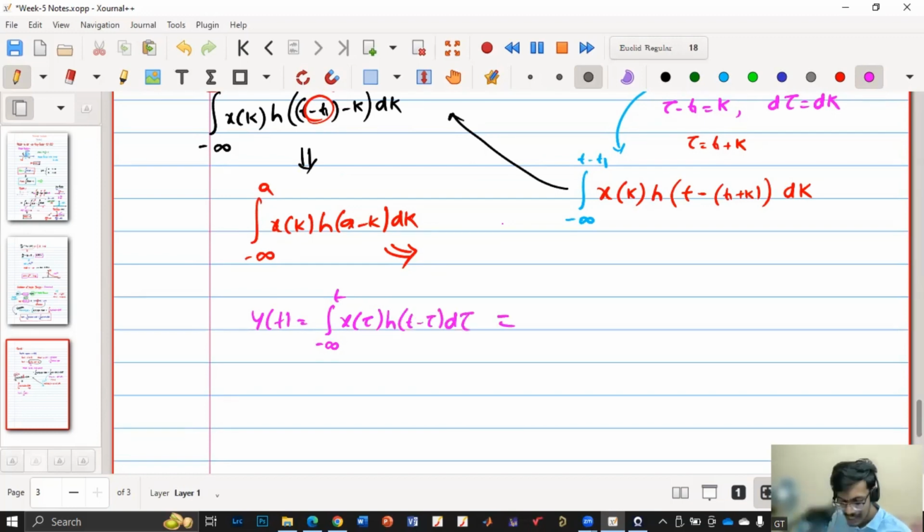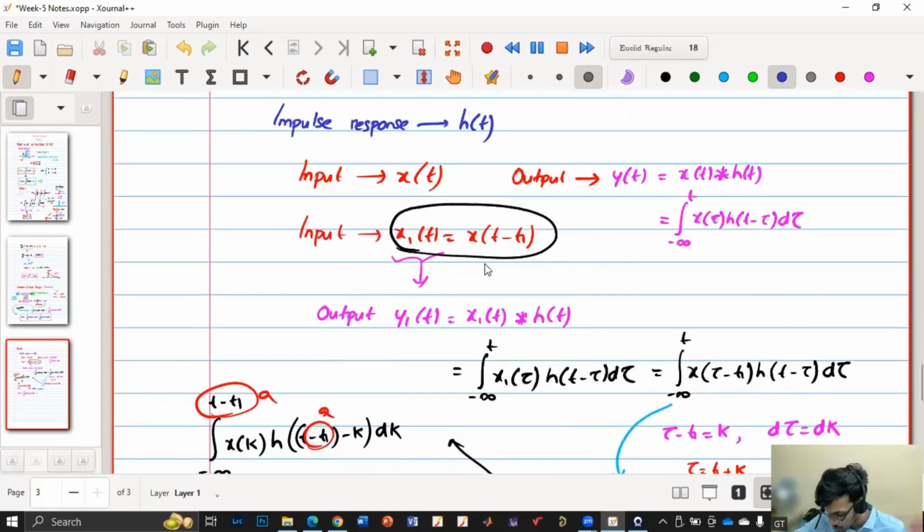So now I am replacing tau by k and t by a. So if y of t is the integral of x of tau h of t minus tau d tau, then this value will be equal to y of a, right? And a is what? T minus t1. Okay, so I got my output.